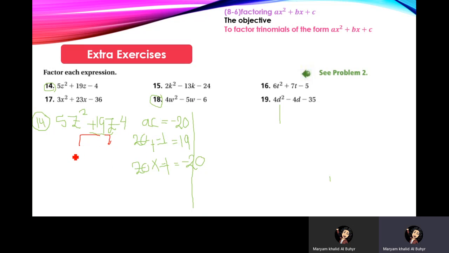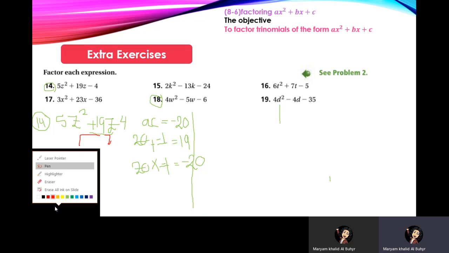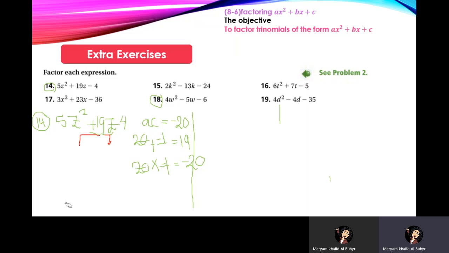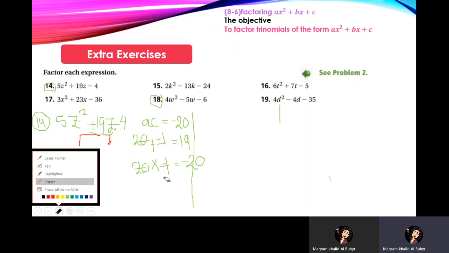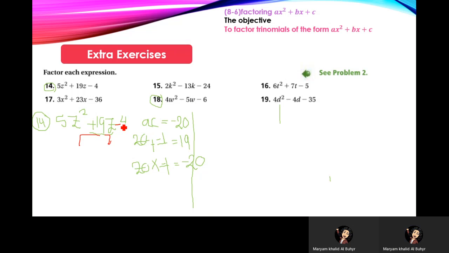I'm going to write my 20 here. You can write the opposite, it's up to you. No, I'm going to write the opposite. Why am I going to write the opposite? Because if I put 1z and 4, there is no common factor between them. That's why.